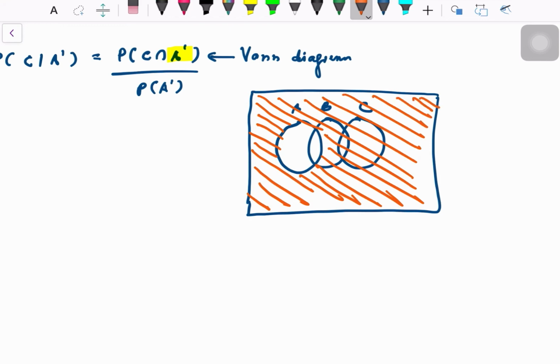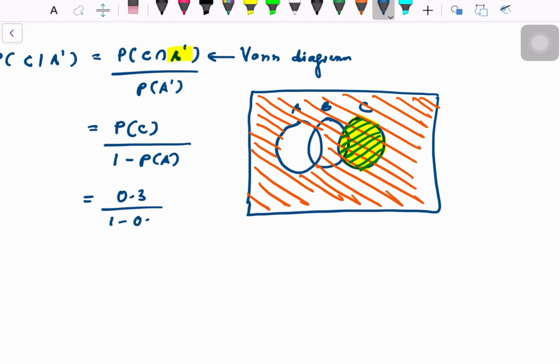Then I'm going to start drawing a region for C. Let me use the color green to represent the region of C. The region that we're looking for in this case is this part, which is equivalent to C. Since we are looking for the intersection, the probability of C intersect A complement will be equal to the probability of C. Then we know that the probability of A complement is equivalent to 1 minus the probability of A. Then by substituting the values, we have 0.3 divided by 1 minus 0.4.